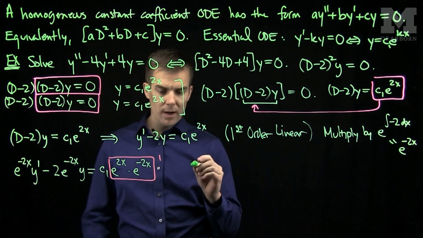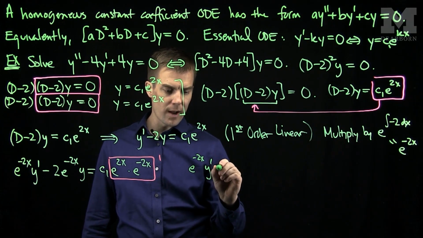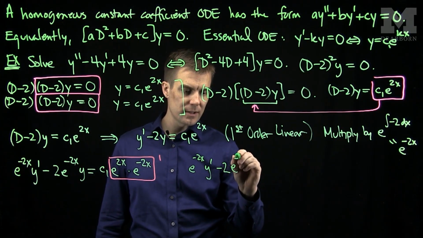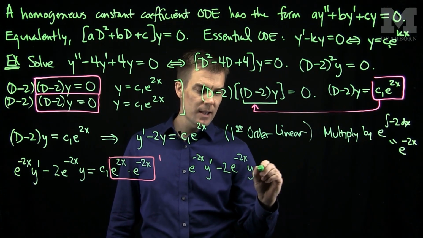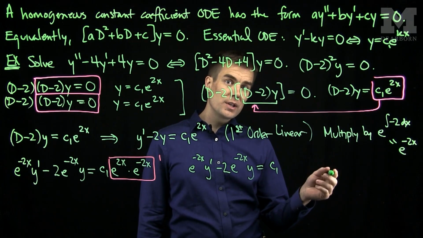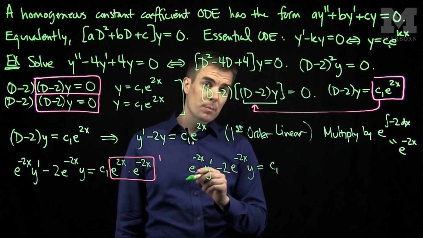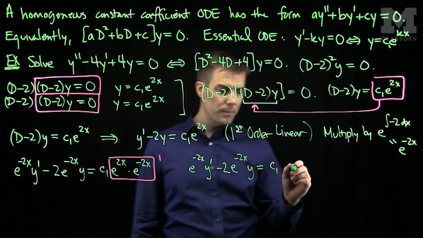And our equation becomes e to the negative 2x y prime minus 2 e to the negative 2x y equals c1. By using the integrating factor, e to the negative 2x, the left-hand side now becomes a perfect derivative in the form of the product rule.